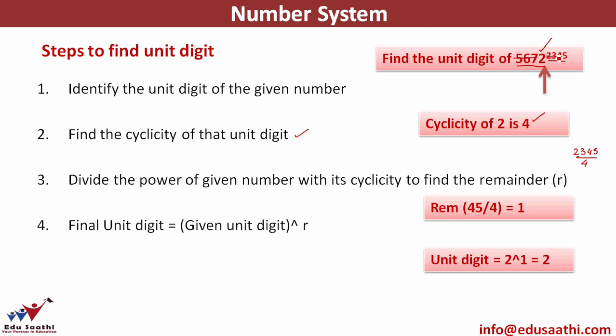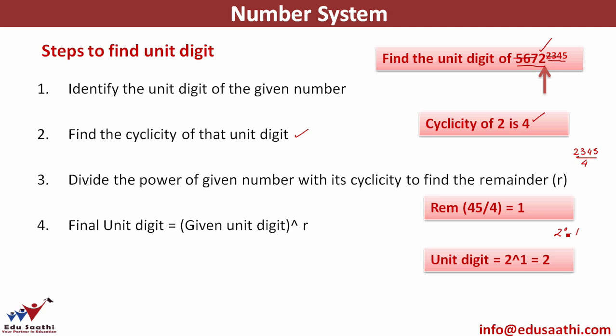A word of caution is, if the remainder comes out to be 0 on division by 4, that does not mean my answer would be 2 raised to power 0, which is 1. You would have easily seen that when we did the cyclicity for 2, the number ends with either 2, 4, 8 or 6.